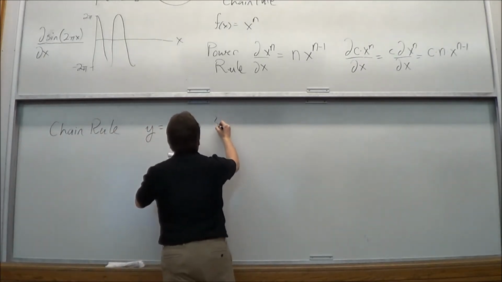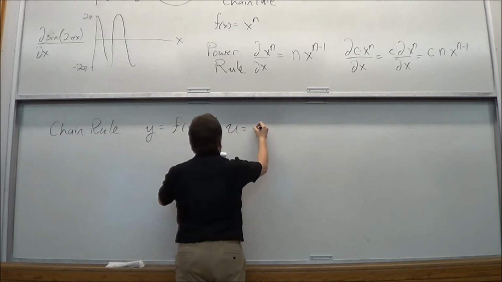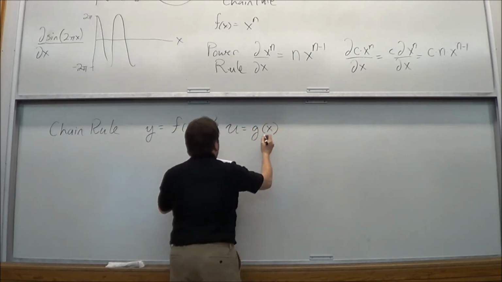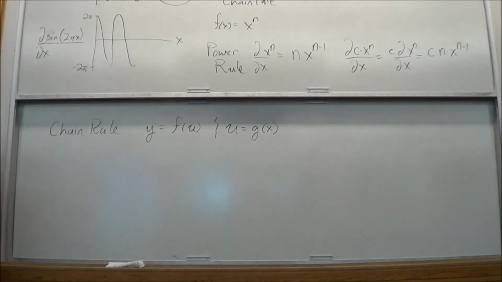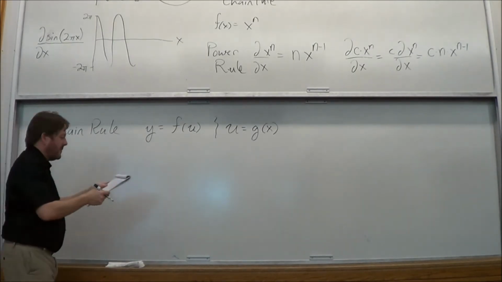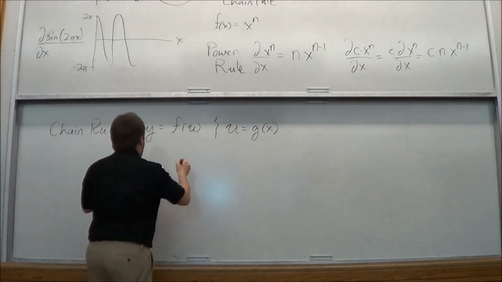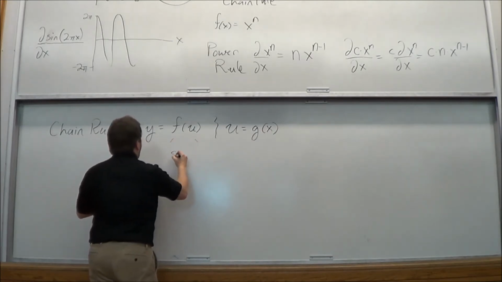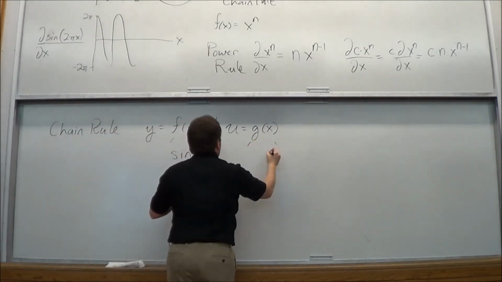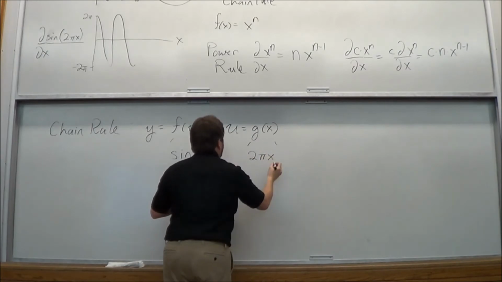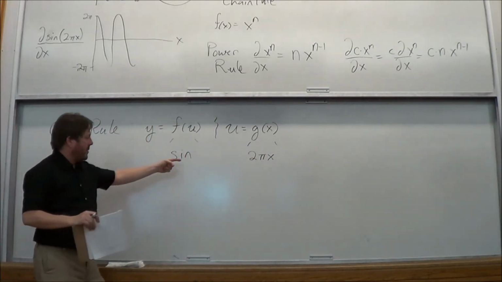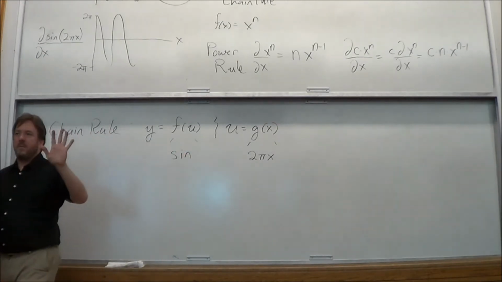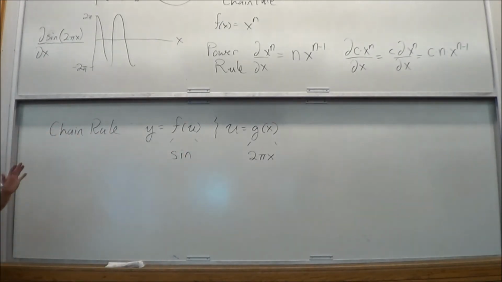Okay, now the important thing is that u is a function of x. So literally, I have a function of a function. That's why this gets a little bit painful. Okay. Now, in the case I'm showing above, this is sine, and this is 2 pi x. Okay? Now notice I didn't give this an argument, right? Sine of what? You don't have to. That's why this is actually not so bad.